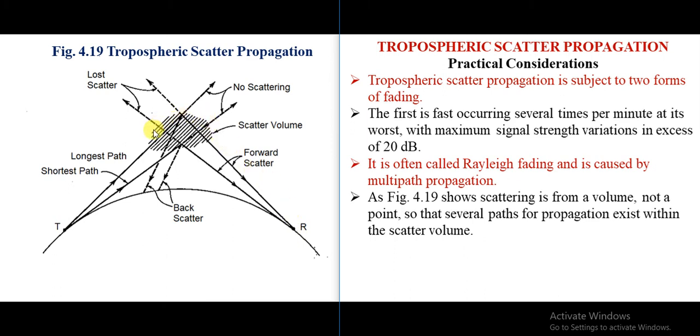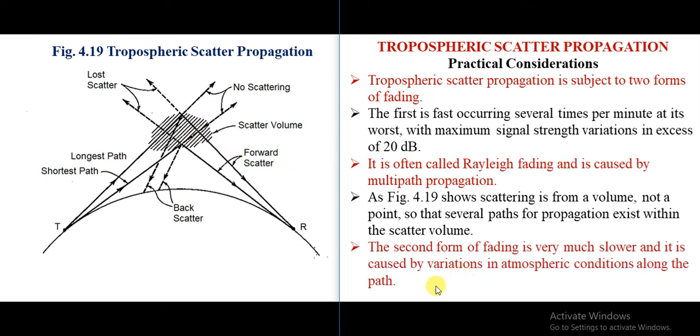As they have multiple paths within this scatter volume, there will be fading, and this fading occurs very fast because the scatter volume is very small. Because of these continuous variations the signal strength will fluctuate, with losses of around 20 dB.